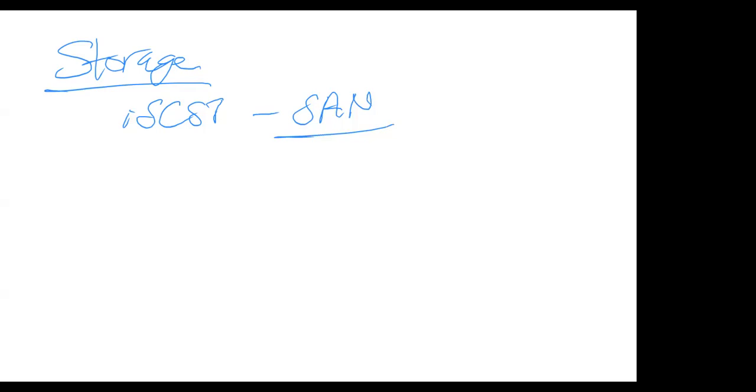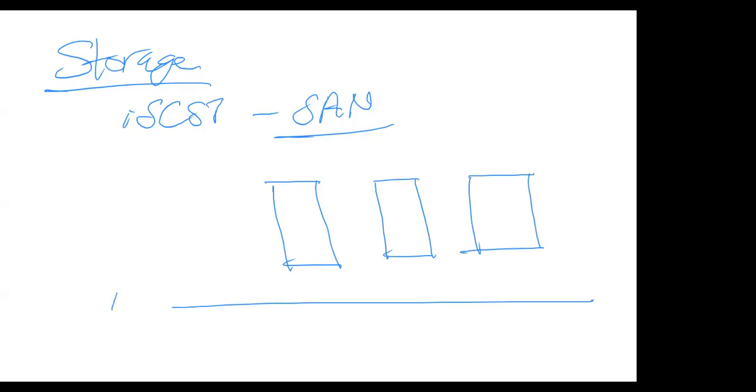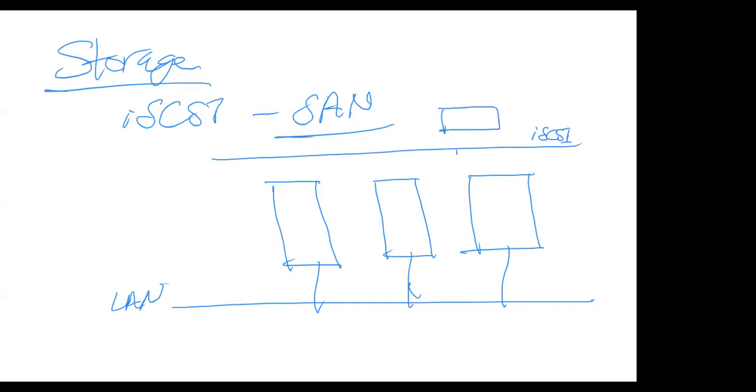How is it connected? You have servers here, and you have your LAN, your network. It is connected through an Ethernet port, 10, 100 gig, 10G, whatever the bandwidth. And you will have another network. This is called the iSCSI network. And this is a totally different interface from the Ethernet.